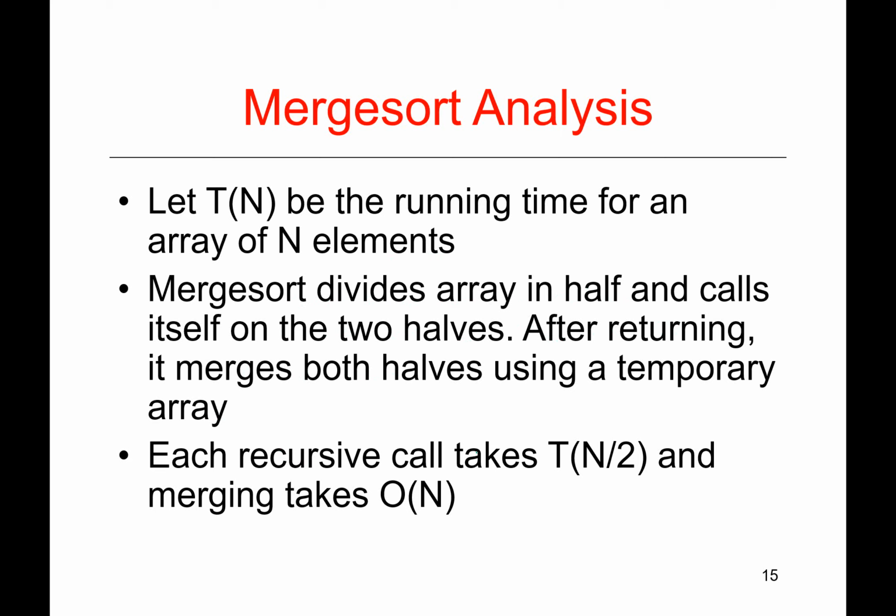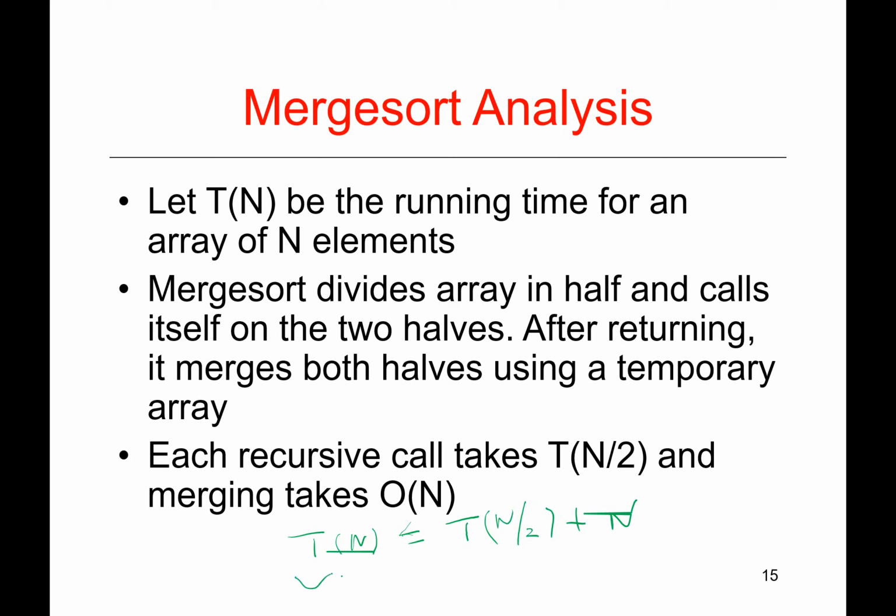Each recursive call takes T(n/2), and the merge procedure takes O(n). Such that we can directly write T(n) equals 2T(n/2) plus n. Sometimes people like to use smaller than or equal to, sometimes we just write equal to because we will talk about the asymptotic order.